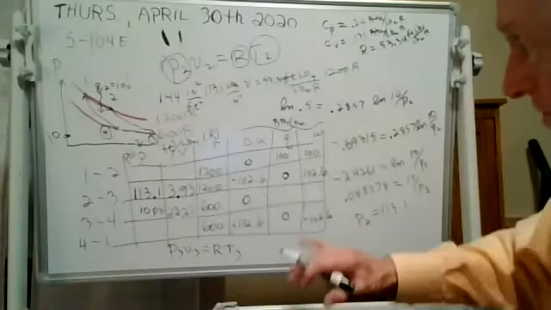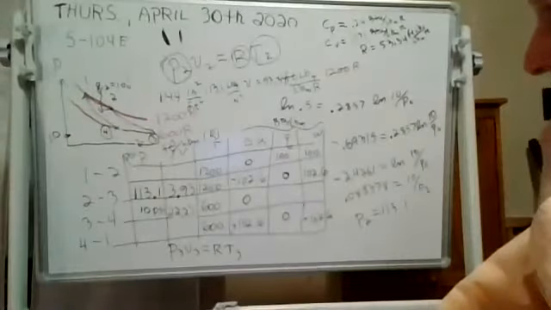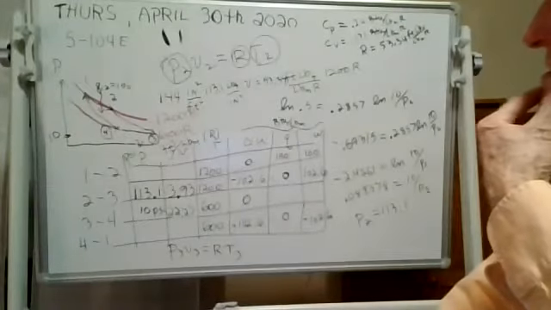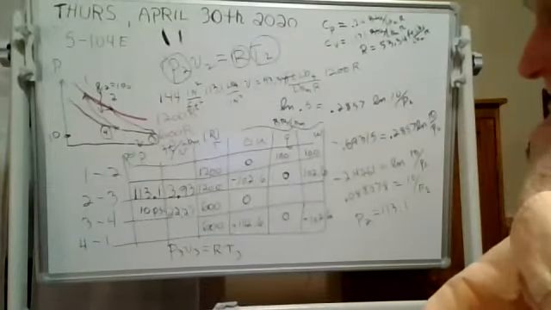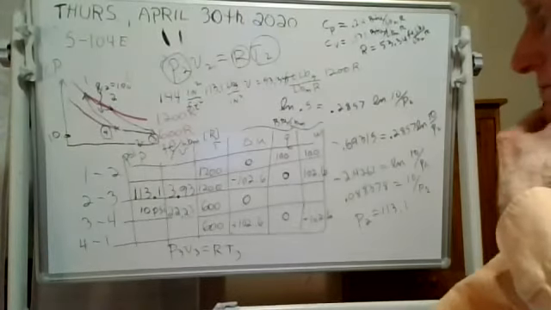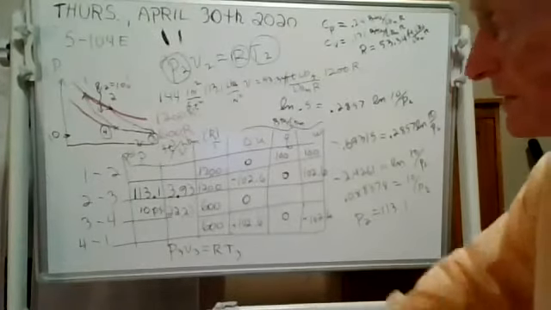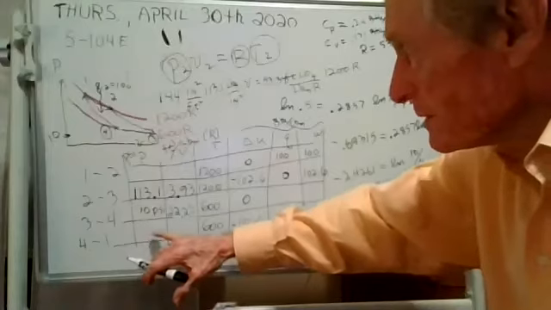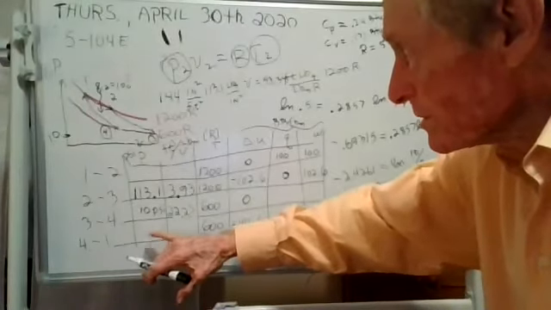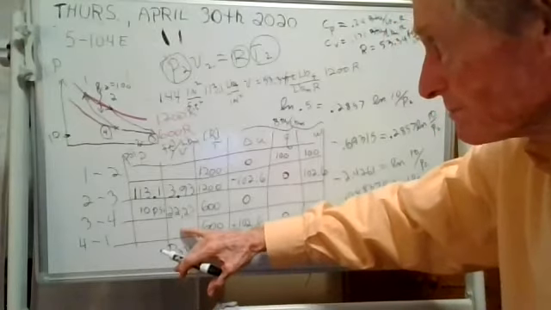Now, we still have some empty boxes here. We got to fill those in somehow. See, we don't know what P4 is, and we don't know what V4 is.